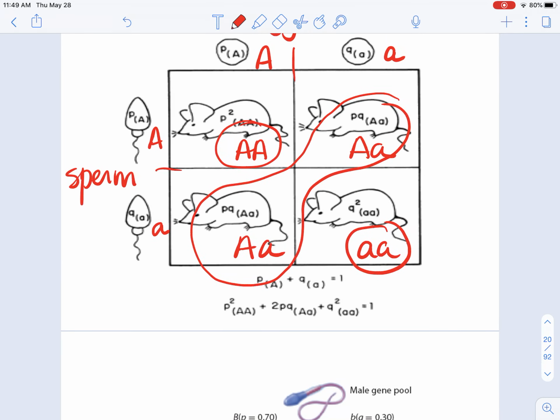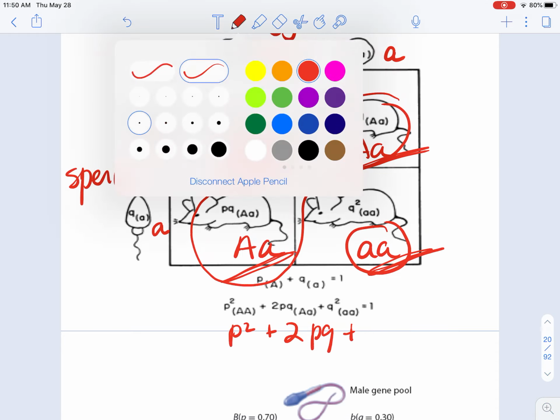So this simple Punnett square is exactly how they came up with the formula of p squared, which is the homozygous dominant, plus 2pq, the heterozygotes, plus q squared, the homozygous recessive.